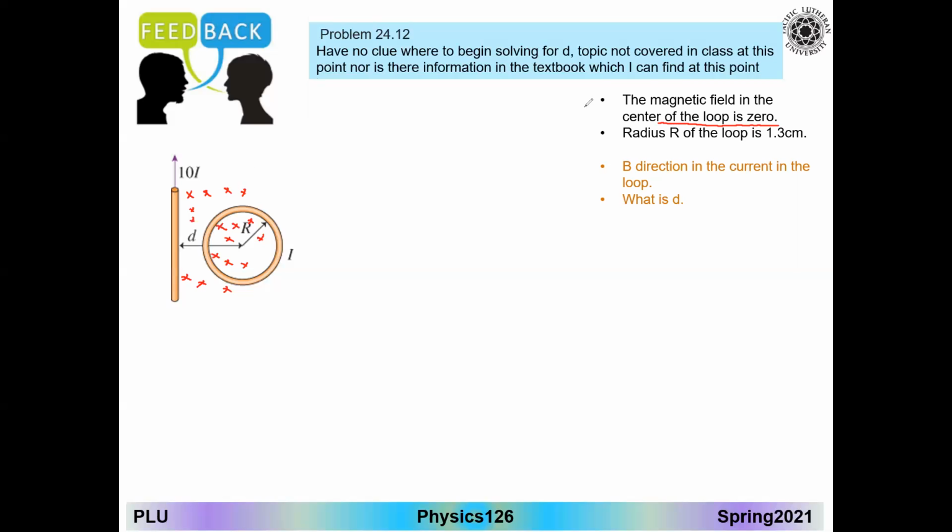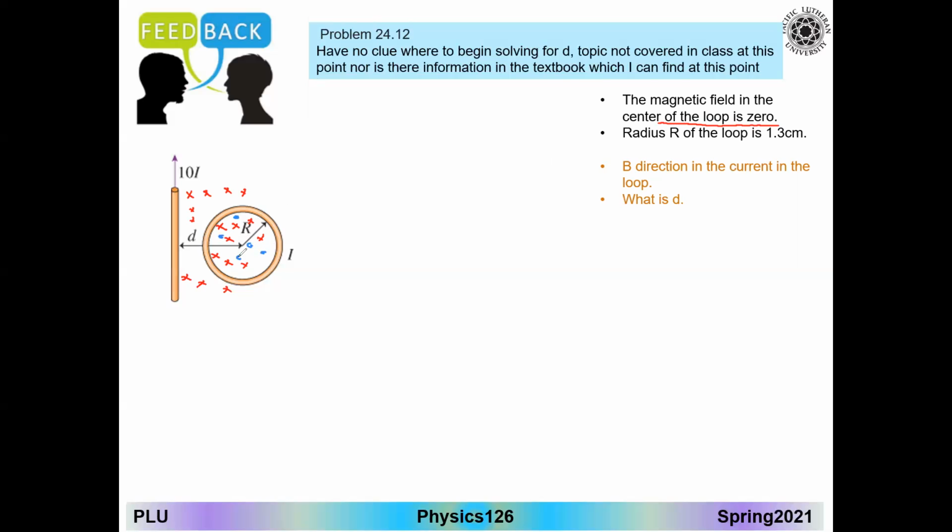And since the magnetic field equals zero, to get the magnetic field from the loop at the center equal to zero, the magnetic field that comes from the loop should point out of the page.